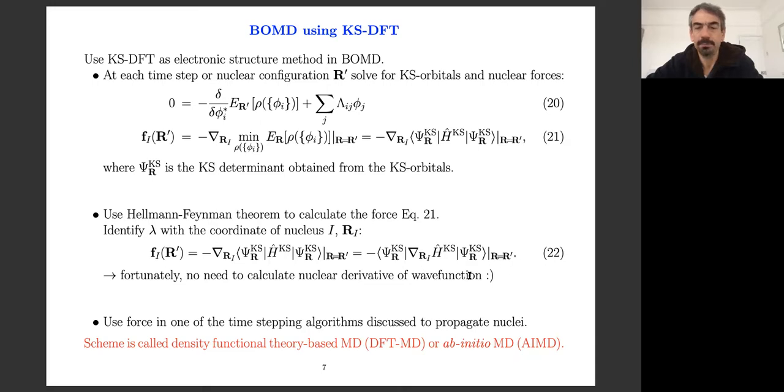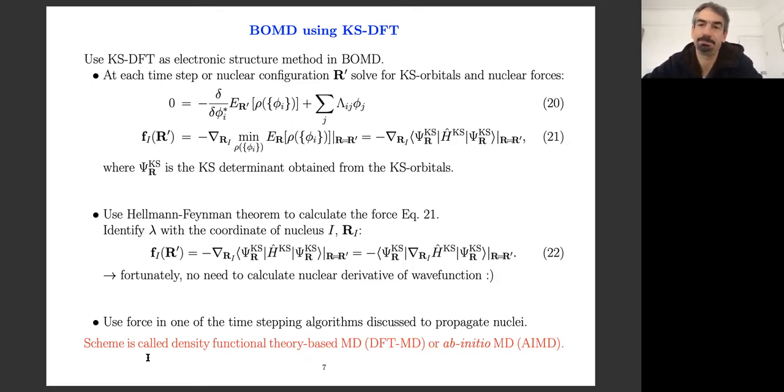Okay. So if you derive the nuclear forces from this equation, and you stick these forces into, let's say, the velocity Verlet algorithm to propagate your nuclei, then you call this scheme density functional theory-based molecular dynamics, or DFT-MD, or some people call it ab initio molecular dynamics, right?